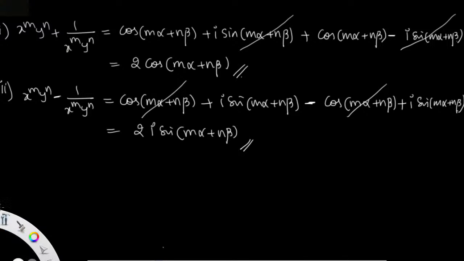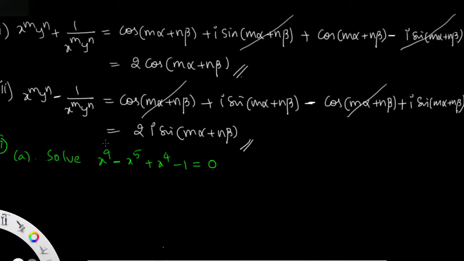Question number 7, A bit: solve x power 9 minus x power 5 plus x power 4 minus 1 equal to 0. This is the first question, and B bit is also given, the same but in the form of 11th degree.